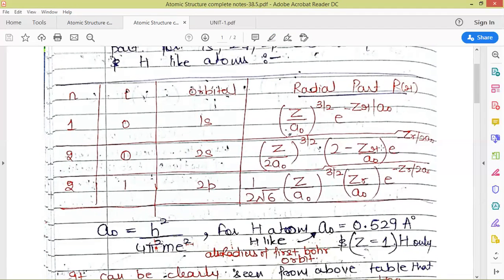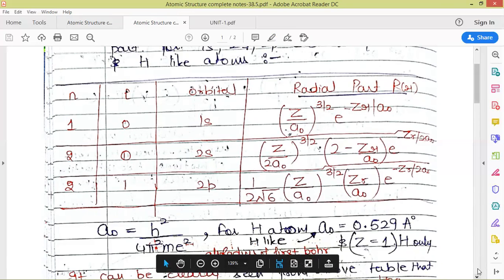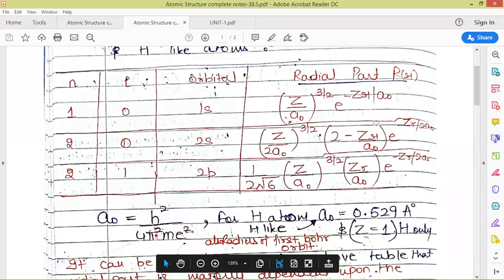This also you will have to memorize as it is, because the derivation of this radial part or the angular part, which we'll be discussing after this, is very complicated and tedious, and it is based upon rigorous integration and differentiation. So that will be difficult for you as of now.